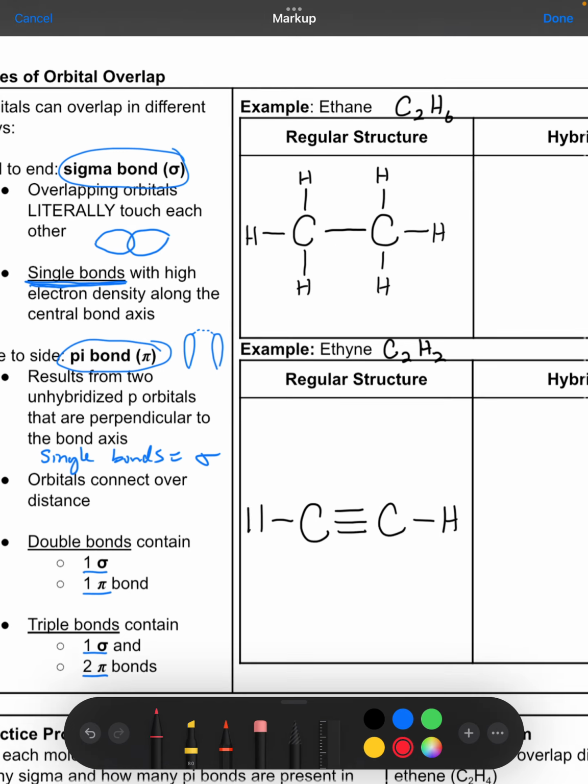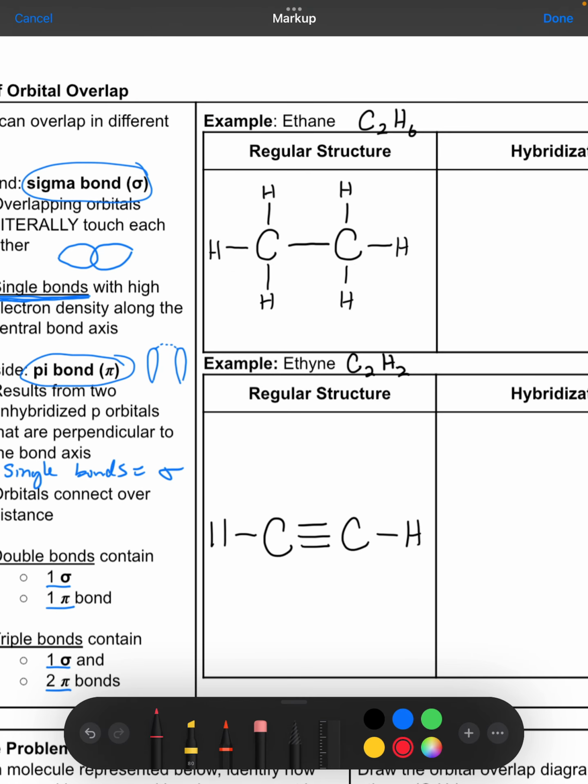All right, so let's look at these two molecules over here that I have already drawn out. All right, so our first example is ethane. Ethane looks like this. All right, the only thing I see in ethane are single bonds. I see 1, 2, 3, 4, 5, 6, 7 single bonds.